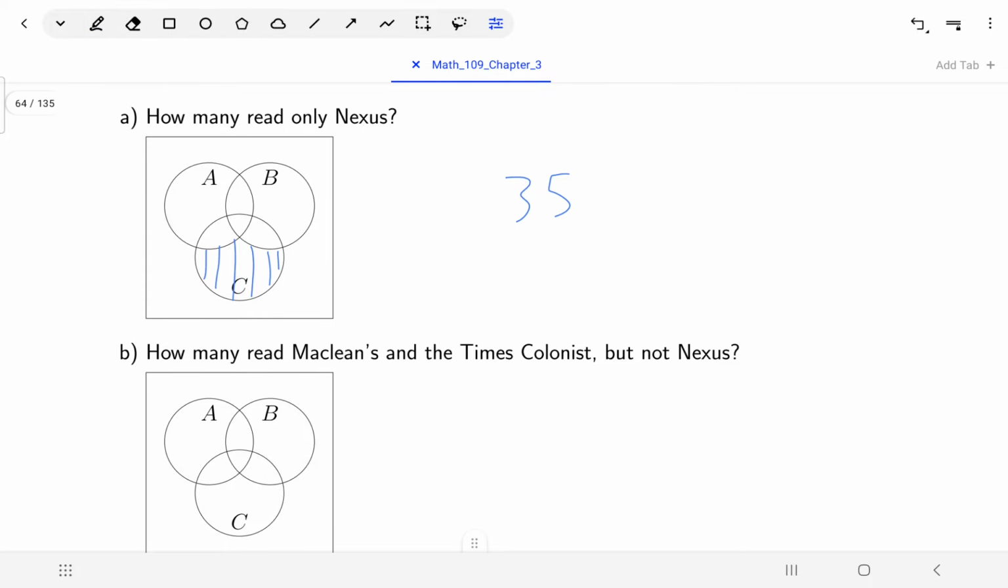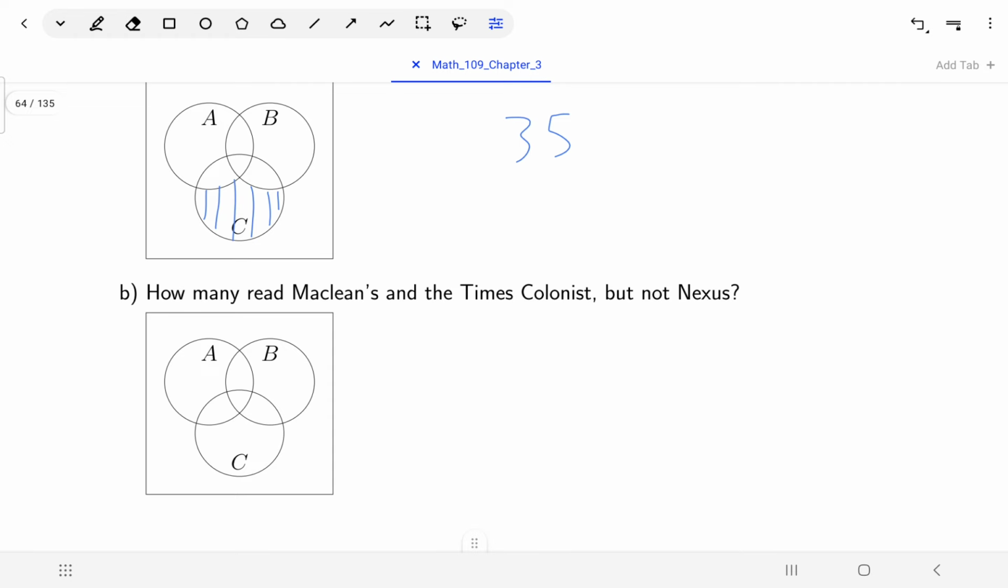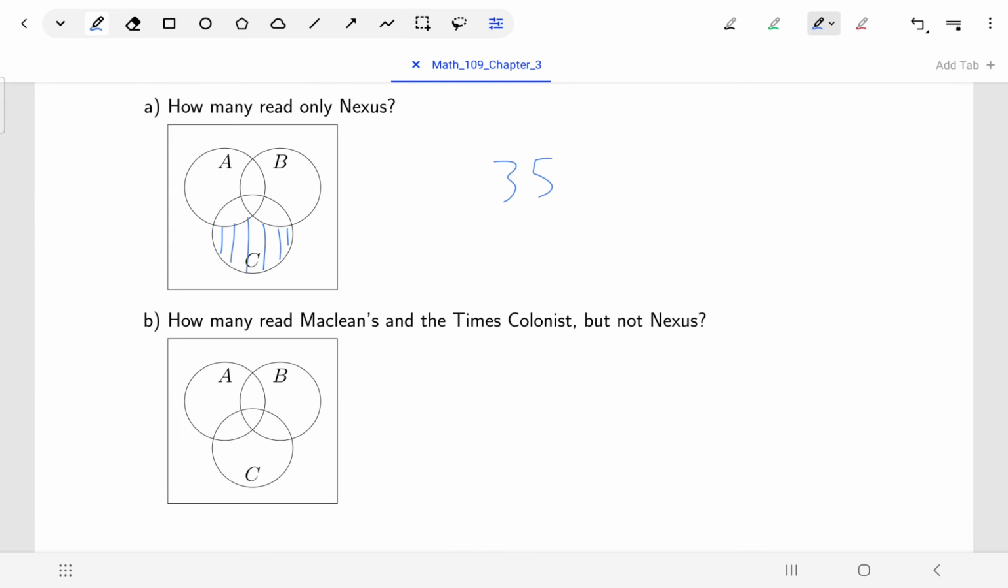Second one, we've got reading Maclean's and Times Colonist, but not Nexus. So we need to be inside of set A, we need to be inside of set B, but we need to not be inside of set C. So let's see where we're talking about. You need to be in the overlap between A and B, but we're not going to include the part that includes Nexus.